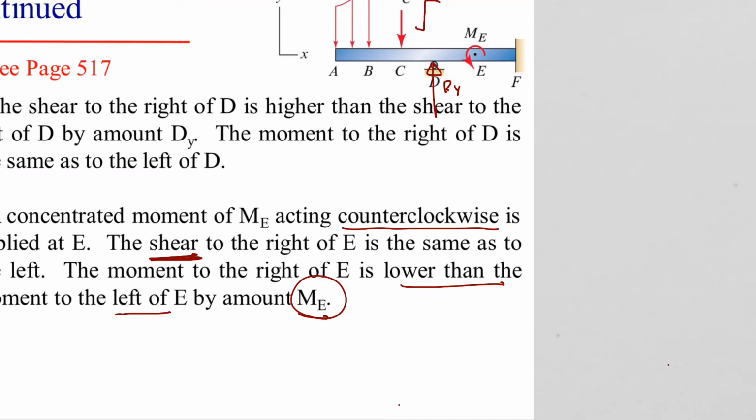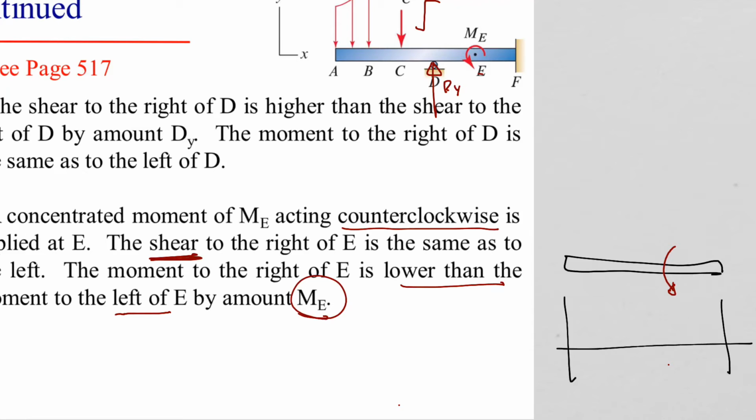This last one can sometimes be a little confusing, this moment one. One way I like to look at it is if I redraw this beam again, and let's just say I have a concentrated moment on there, I like to draw it like this, as it's shown this way, and then when I draw my shear and moment diagram, say I have some moment going along, maybe it's linear for some reason, this will jump down.